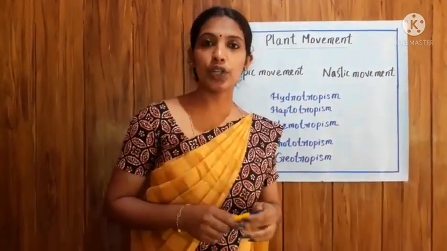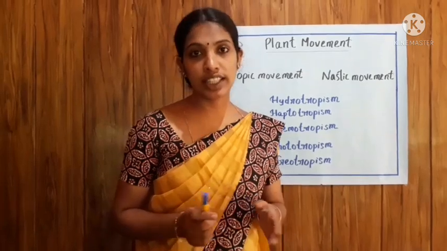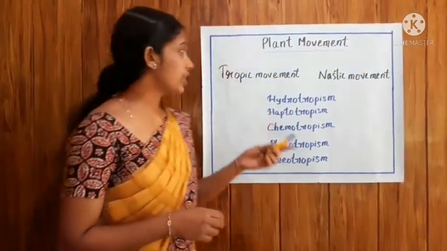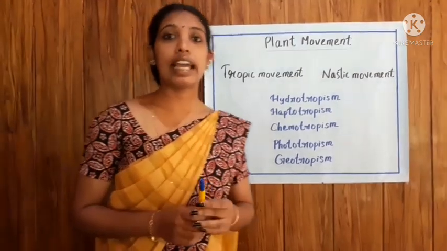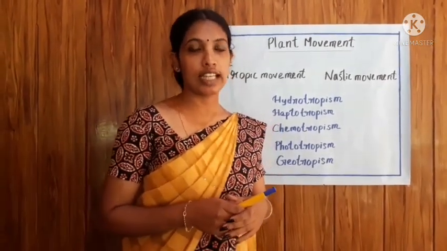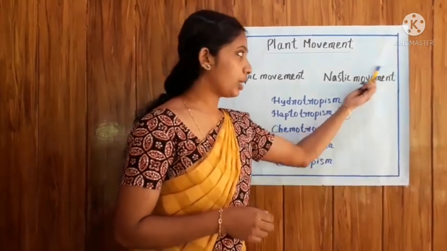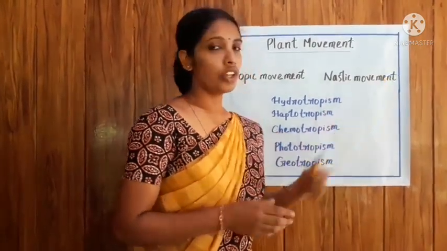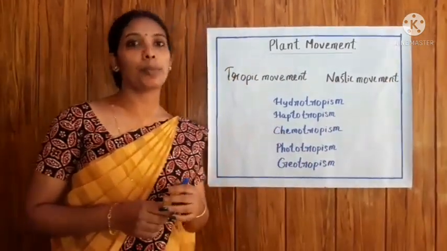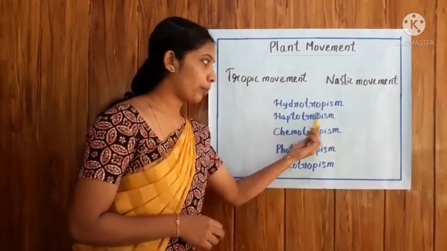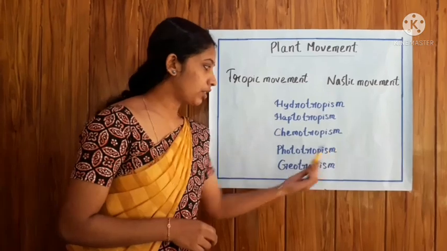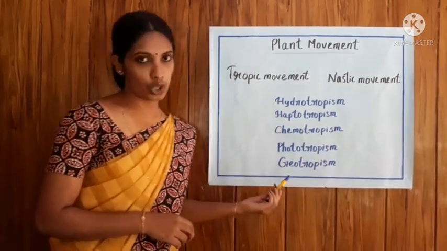If the direction of plant movement is in accordance with the direction of stimulus, it is known as tropic movement. If the direction of plant movement is not dependent on the direction of stimulus, it is known as nastic movement. We have studied 5 tropic movements in detail, that is hydrotropism, haptotropism, chemotropism, phototropism and geotropism.